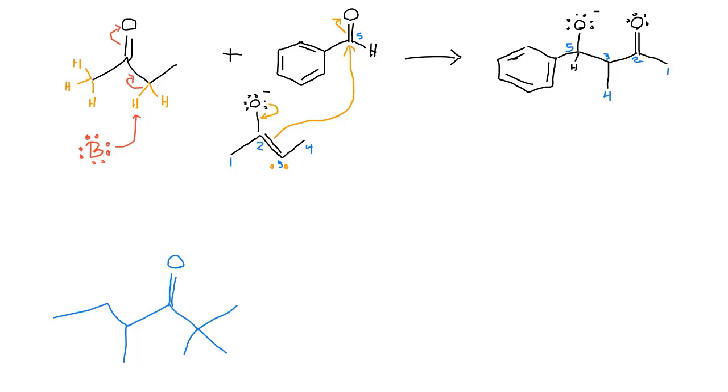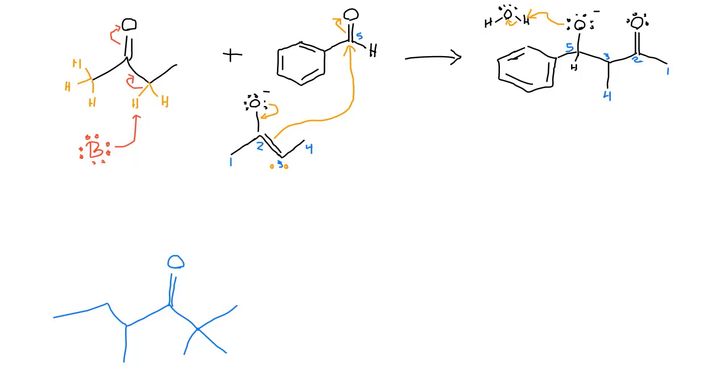So yeah, at this point, of course, there's water in the system if you have sodium hydroxide. So I'll just go ahead and have water, and that's going to protonate this negatively charged oxygen.